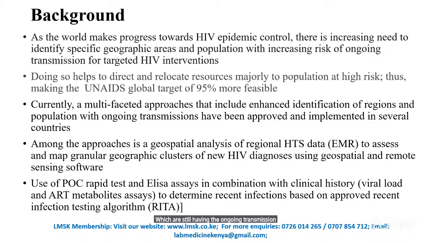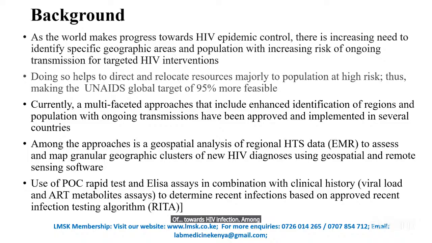And after the identification of the areas, it will be very easy for the interventions to be put in place for the needy clients who really need help in preventive measures towards HIV infection.